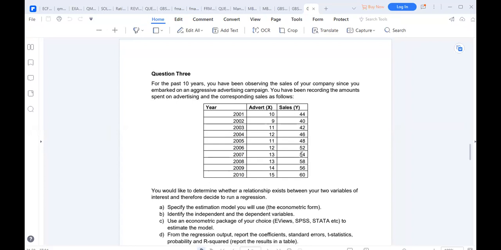In this case, sales are dependent on advert. So these ones are dependent. Then the independent variables are what? Your X, which is our advertisement.